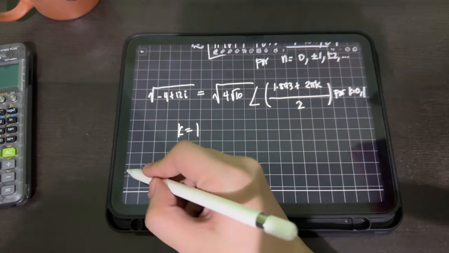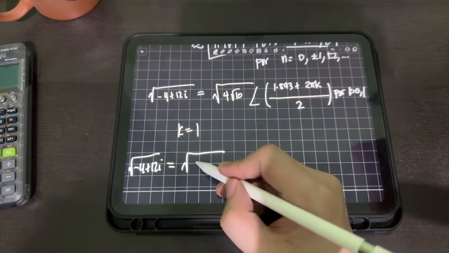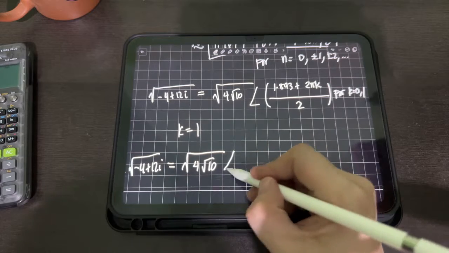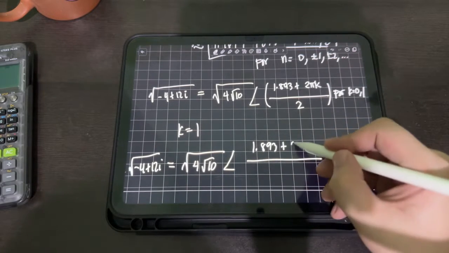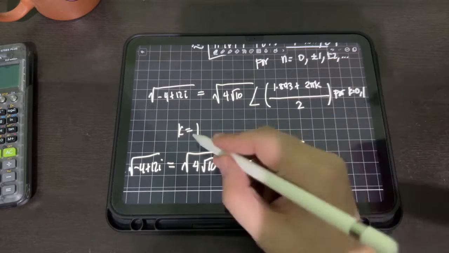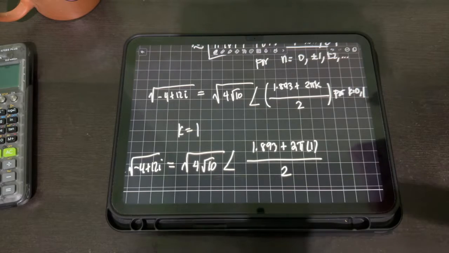Therefore, the square root of negative 4 plus 12i is now equal to the square root of 4 square root of 10 angle of 1.893 plus 2 pi k, substitute k is equal to 1, over 2.